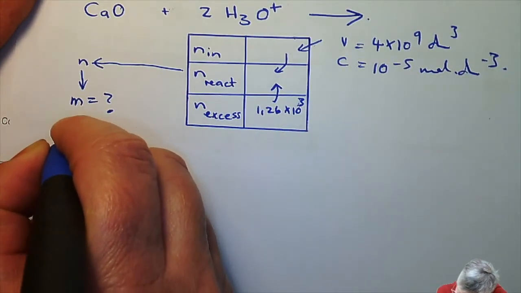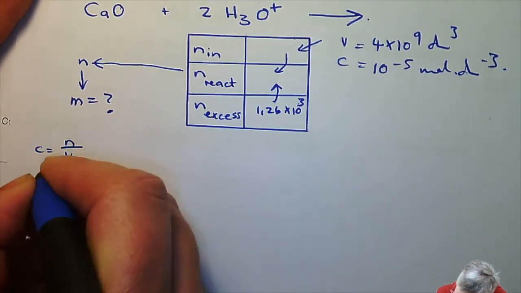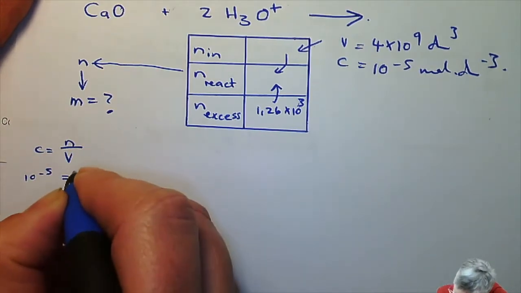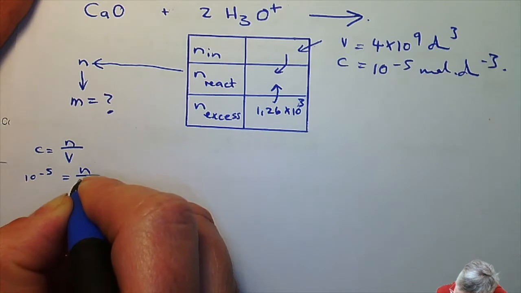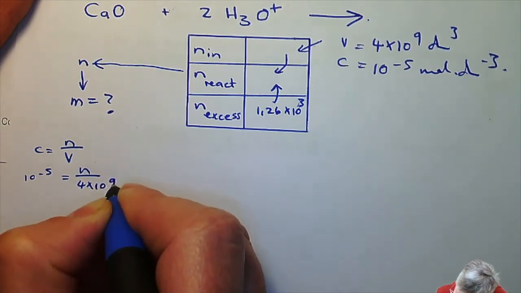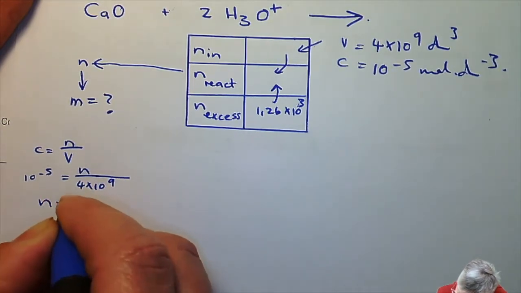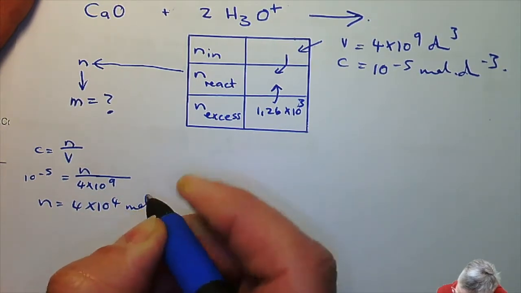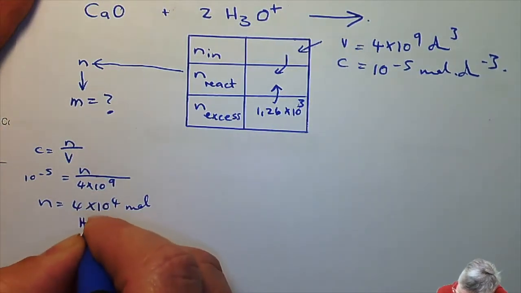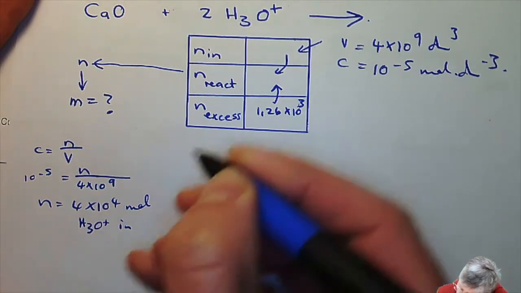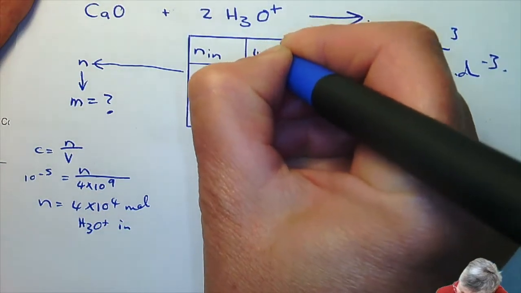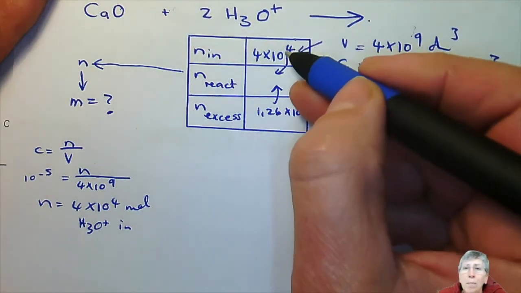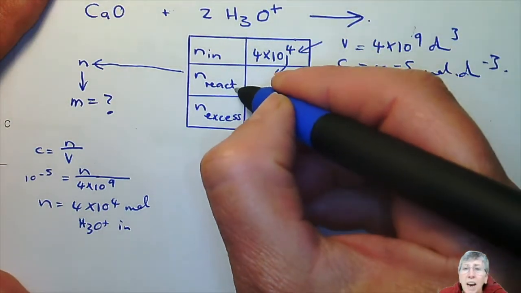Concentration is moles divided by volume. Concentration 10 to the minus 5 now. Moles, I'm looking for, volume 4 times 10 to the 9th. So that is telling me 4 times 10 to the 4th mole, and that is the H3O plus that I put in. Right, so it's over there, 4 times 10 to the 4th. That is how many moles I put in. So what reacted?